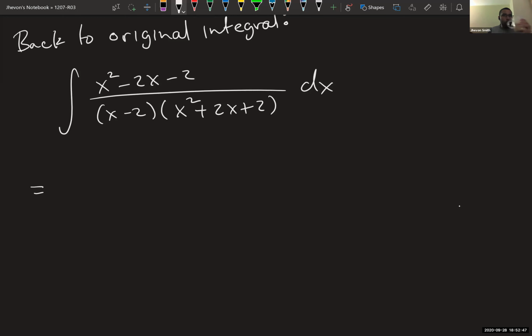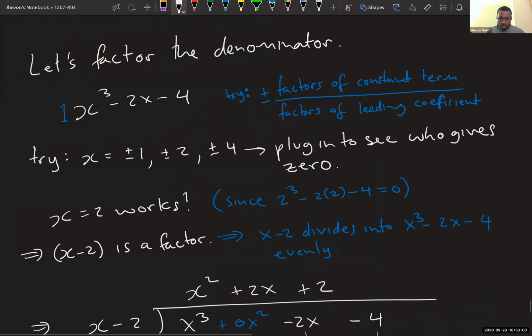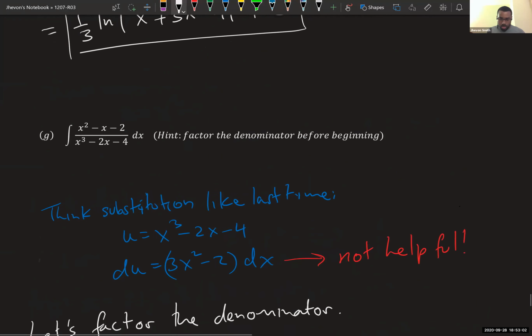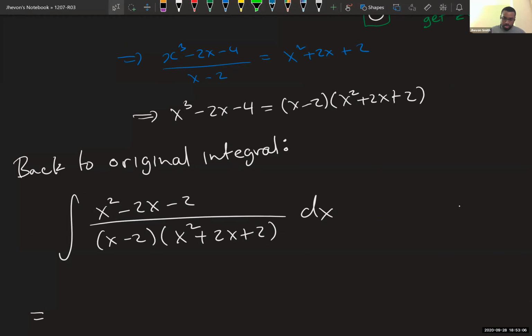Could you add 4x plus 4 to the numerator and then subtract it out again to get one of the factors to cancel out with the denominator? Like algebraic manipulation.